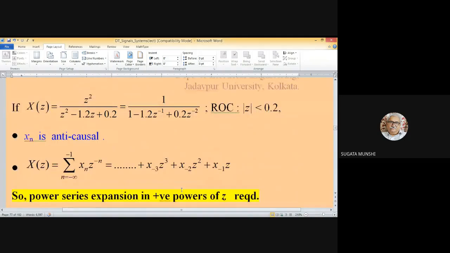Just write down how you will perform long division to generate a series in positive powers of z. I will end with this example.